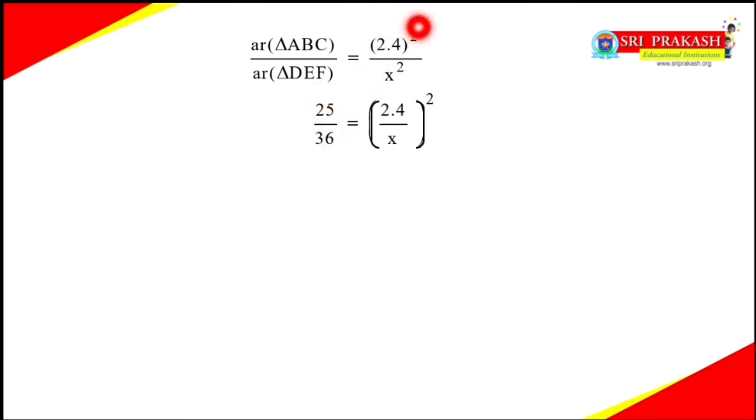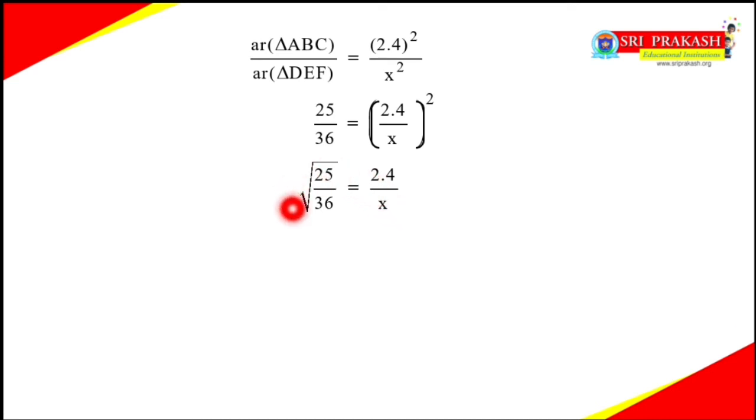Children, 2.4 square by x square can be written as 2.4 by x whole square. Now let us shift the square from RHS to LHS. Then we get square root of 25 by 36 is equal to 2.4 by x.